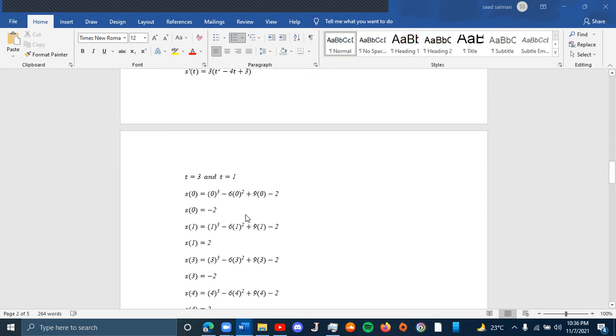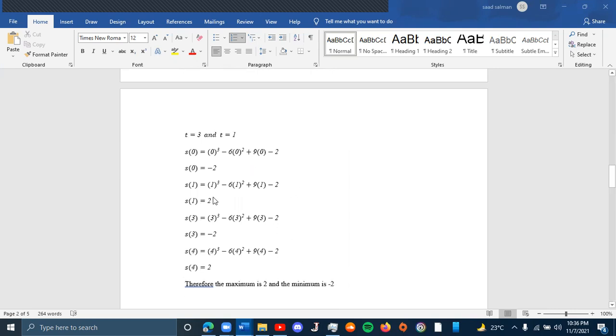So s(0) = 0 cubed minus 6 times 0 squared plus 9 times 0 minus 2. So s(0) will give us minus 2. s(1) is put in the equation, so it will be 1 cubed minus 6 multiplied by 1 squared plus 9 times 1 minus 2.